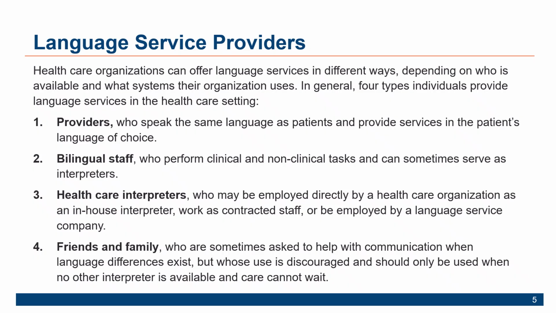Healthcare interpreters, qualified professionals, whether employed directly or contracted, and friends or family members, who may sometimes assist as a last resort. Understanding the differences among these options helps organizations choose the right combination to meet patient needs. Over the next few slides, we'll look at each provider type, what they do, where they're most effective, and what to keep in mind when using each approach.